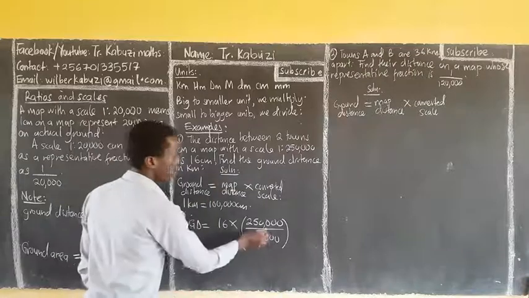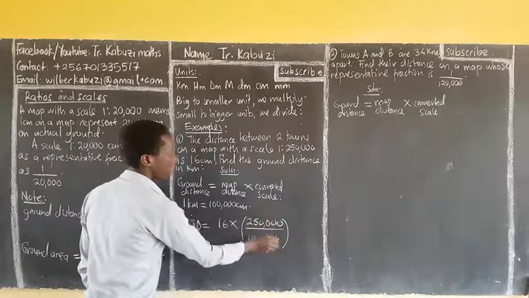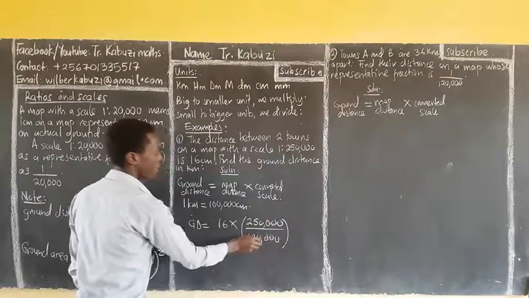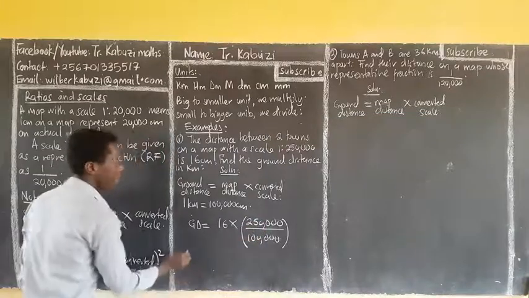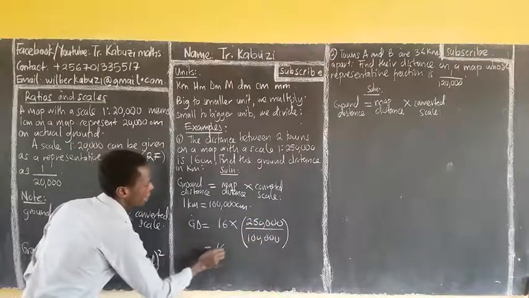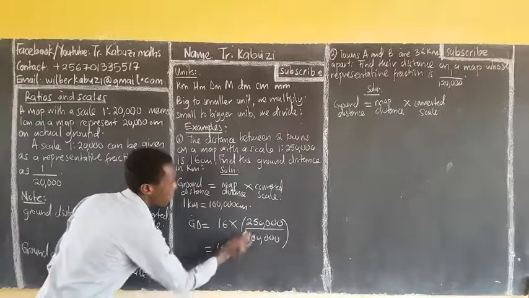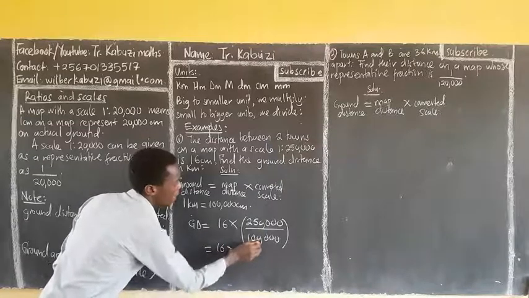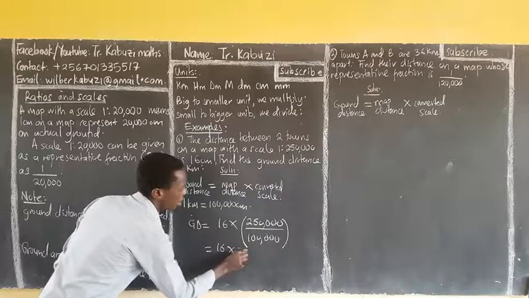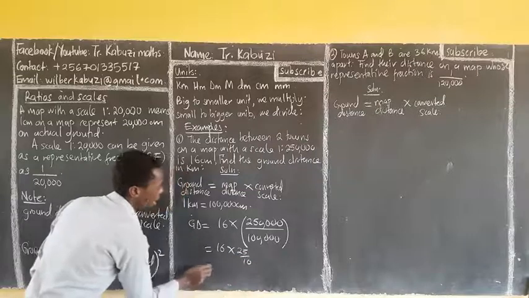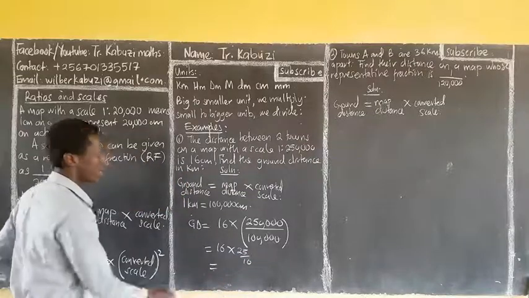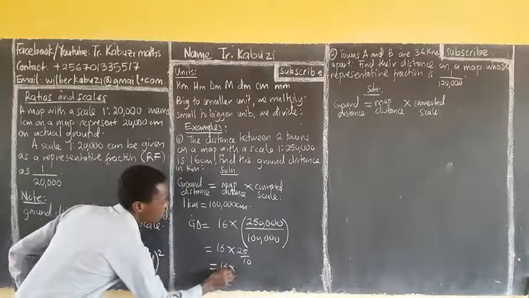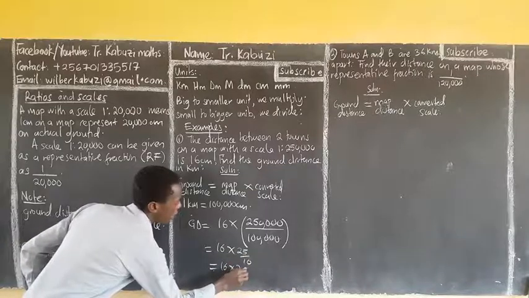You see that these zeros will go with those, so I'll be having 16 times 25 over 10, which is 16 times 2.5.